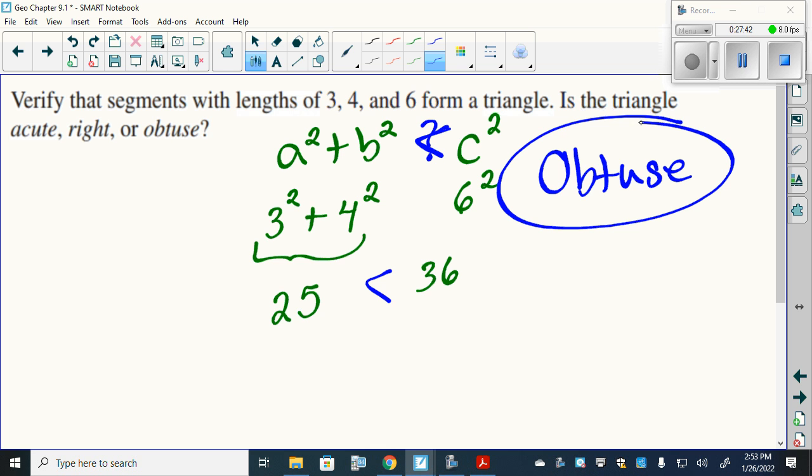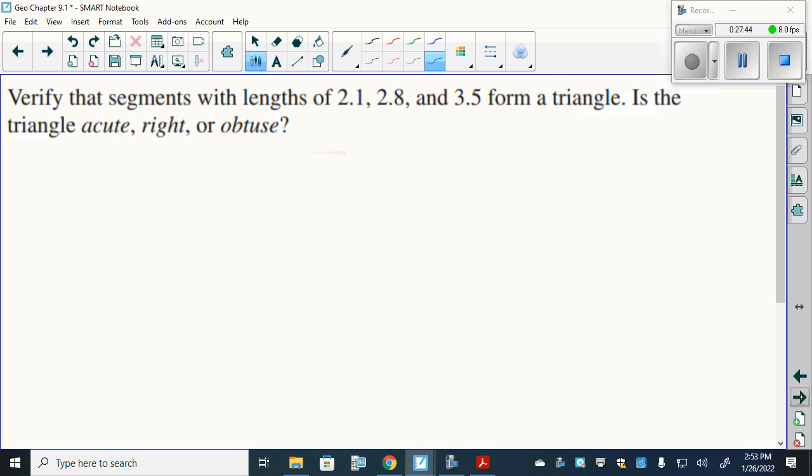Let's look at one last one. 2.1 and 2.8 and 3.5 are the side lengths. Well, 2.1 and 2.8, if added together, would give us 4.9, which is greater than 3.5. So this would be a triangle. Now we need to see how a squared plus b squared relates to c squared.